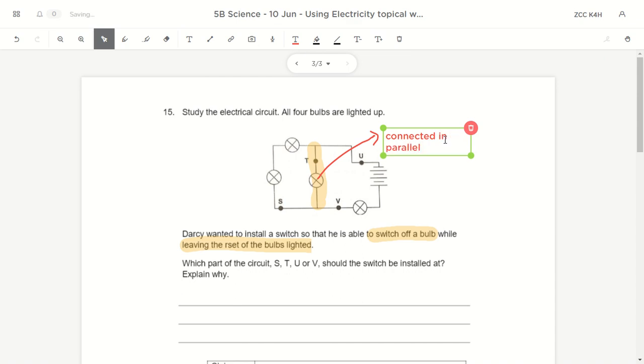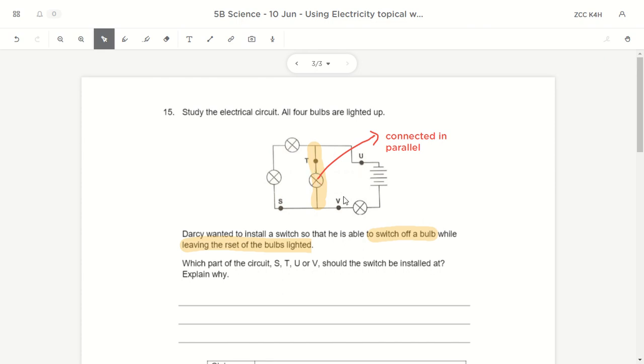Once again, if you look at the diagram carefully, you realize that this bulb here is connected in parallel compared to the rest of the bulbs. Okay, this is in parallel. So if you only want to control one bulb and leave the rest of the bulbs lighted up, it's only if you put the switch at position T that you can control this bulb.